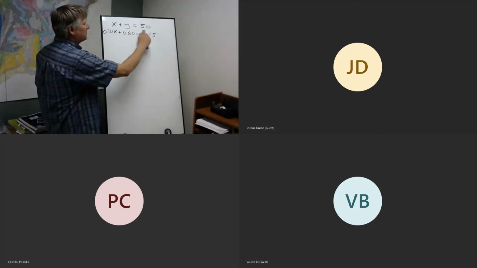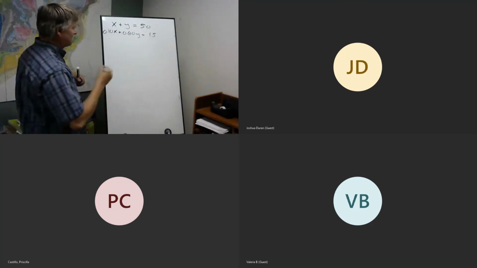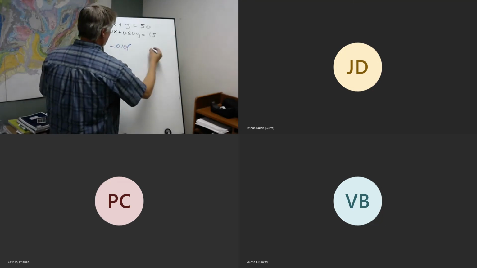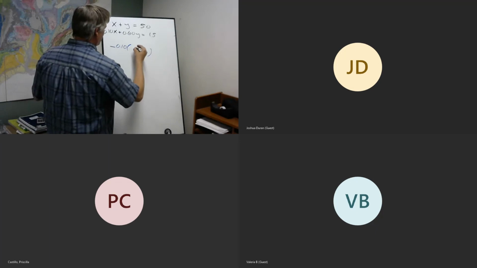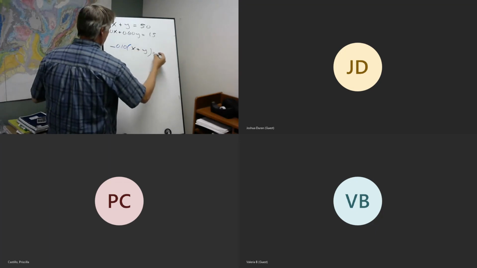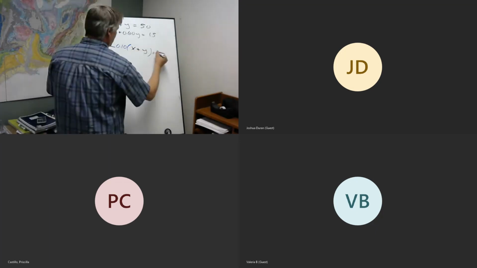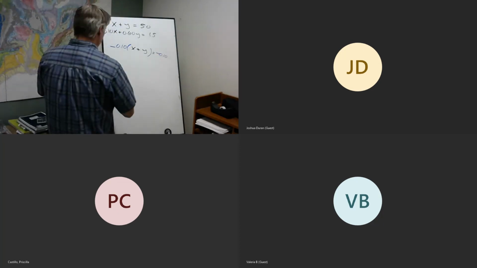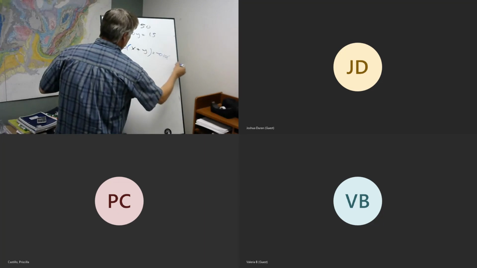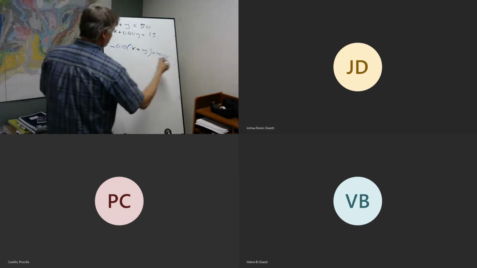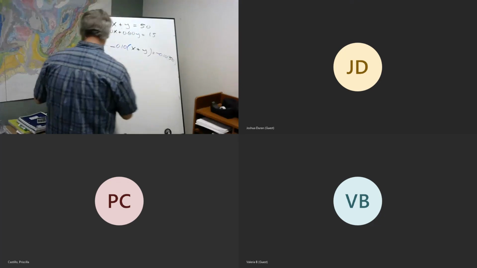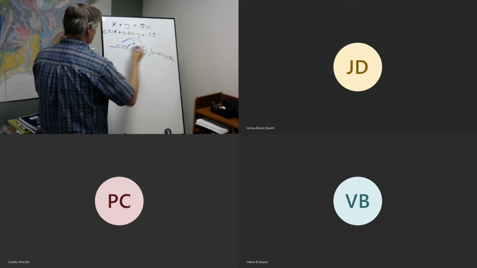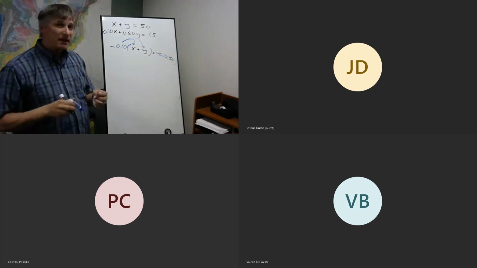I'm going to multiply through by negative 0.10. Distribute the negative 0.10.